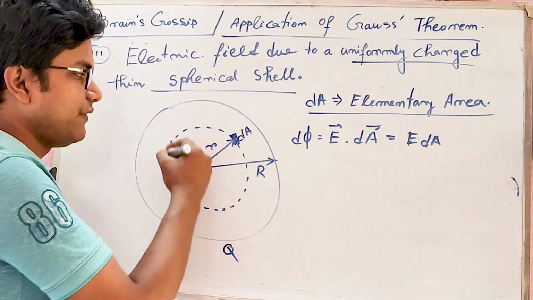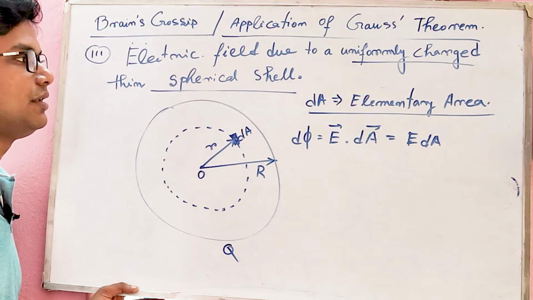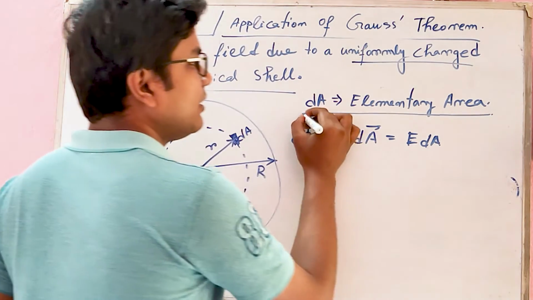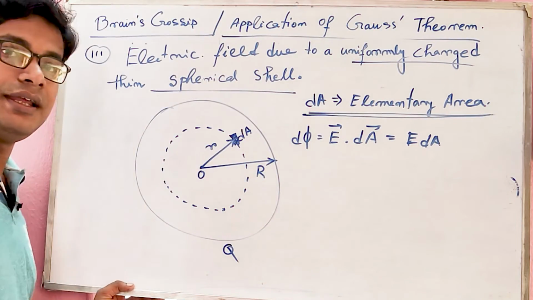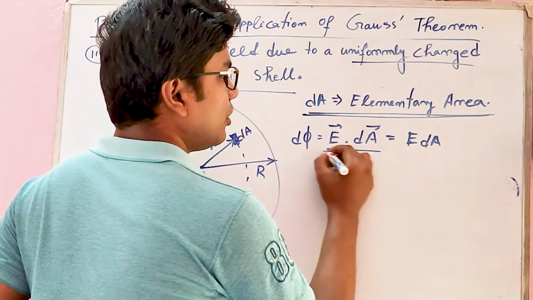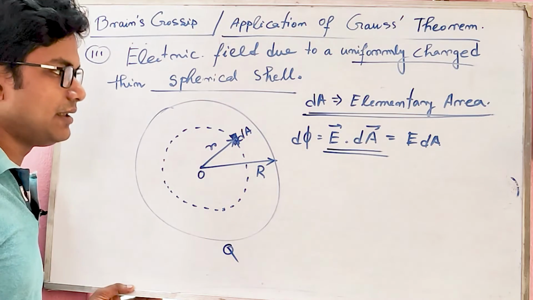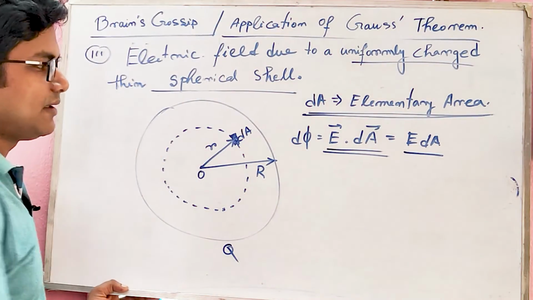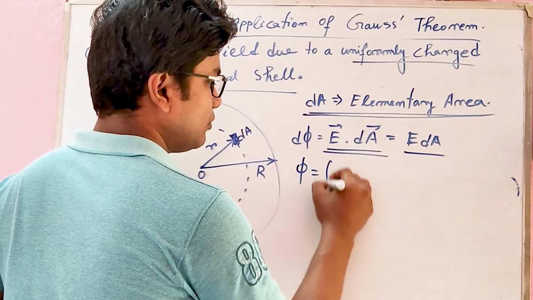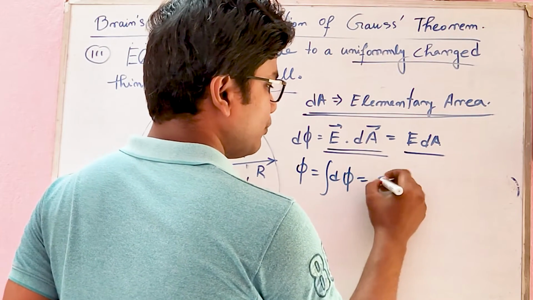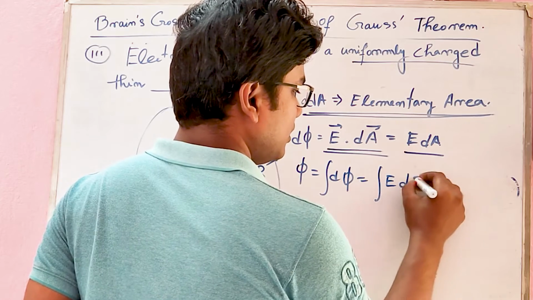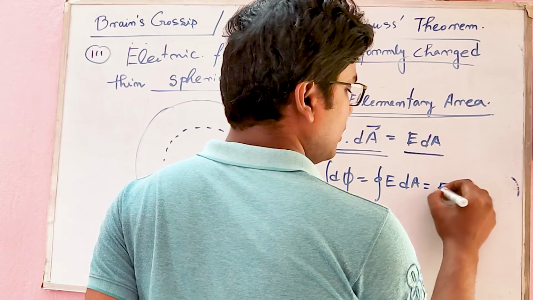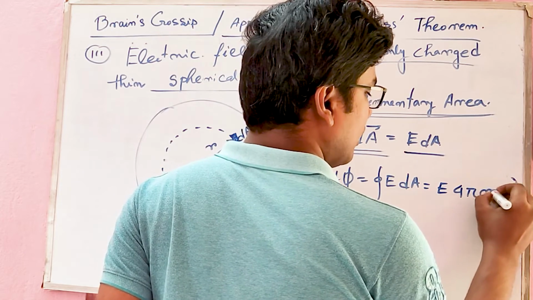Now on the Gaussian surface, represented by the dotted line, we take one small area dA. Here also d phi equals E dot dA, and similarly it becomes E dA. Now let us calculate the total flux phi, which equals the integration of d phi, which equals the closed surface integration of E dA, and that becomes E 4 pi r square.